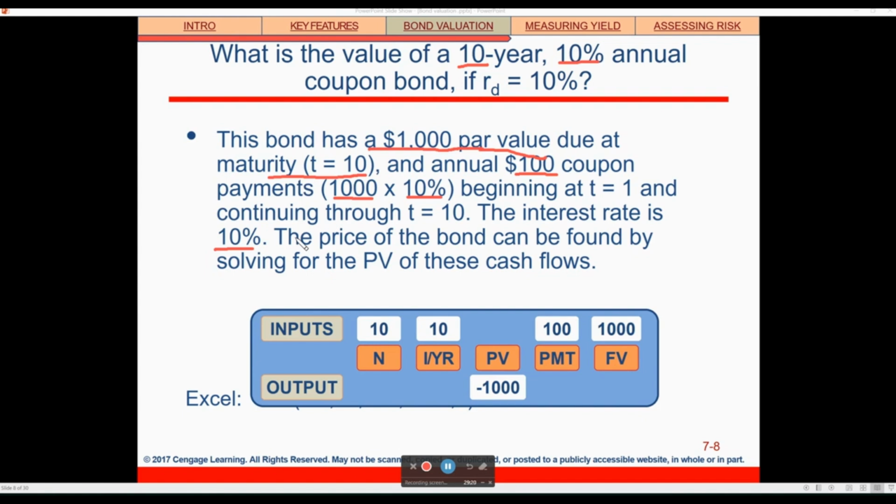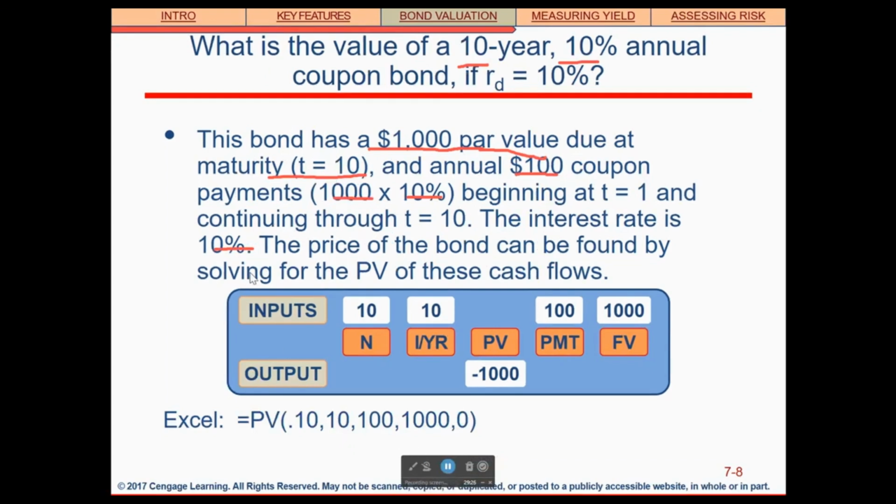If you're using your calculator, this is what you're going to do. You're going to put in the number of period. Here it's a 10-year bond, so you're going to input 10. You're going to put in the interest. They told you that the yield to maturity here is 10%.